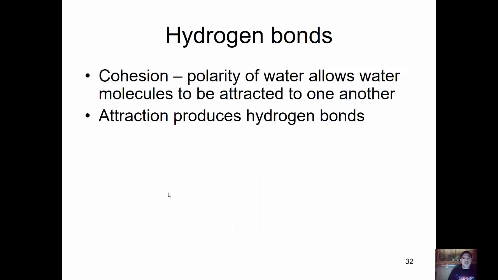Regarding hydrogen bonds, one of the properties of water is cohesion. The polarity of water allows water molecules to be attracted to one another. Cohesion is when similar molecules are attracted to each other, and this is due to the attraction between the water molecules because of those hydrogen bonds.